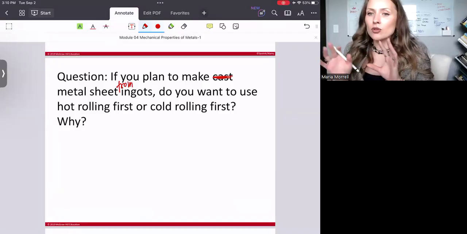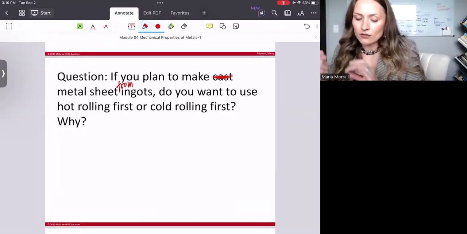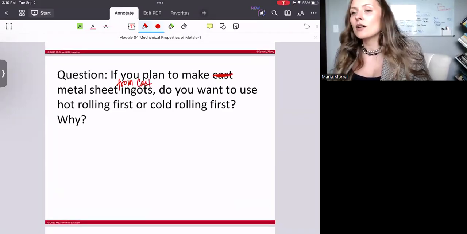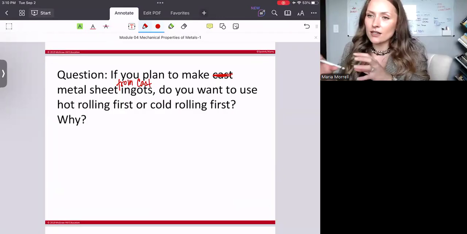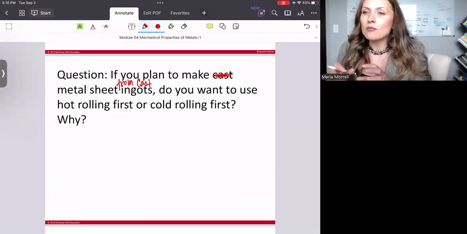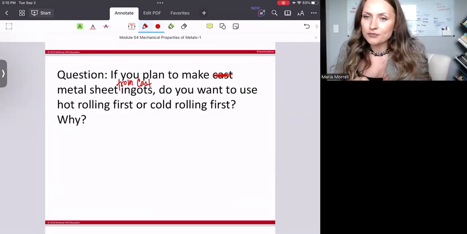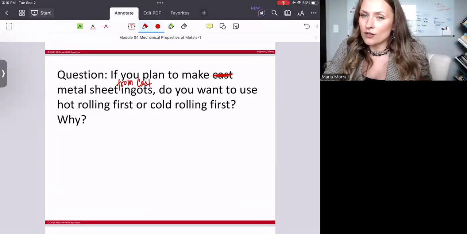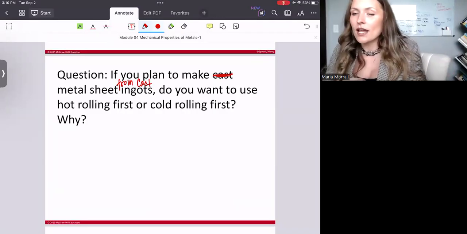So I would like to take ingots, and perhaps they were made with the cast method. So I have these cast ingots and I'm trying to make metal sheets out of those, meaning that I would like to reduce the thickness. Question is, do you want to use hot rolling first or cold rolling first, and then why?